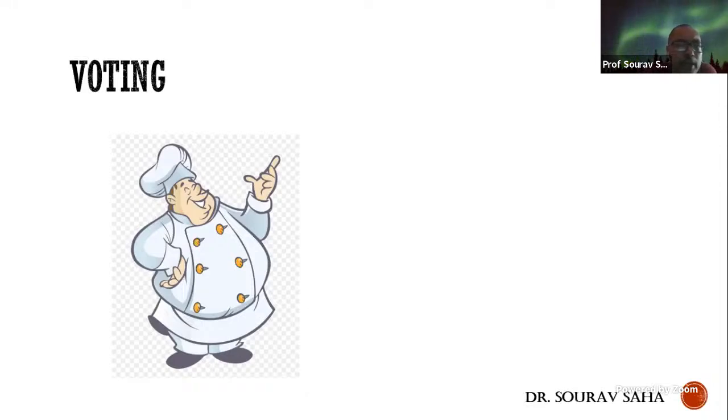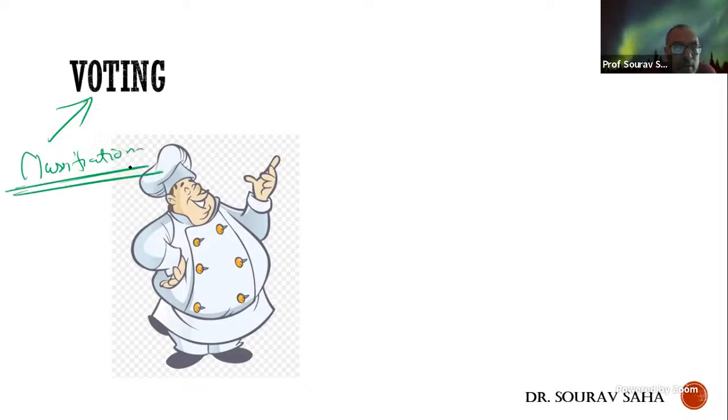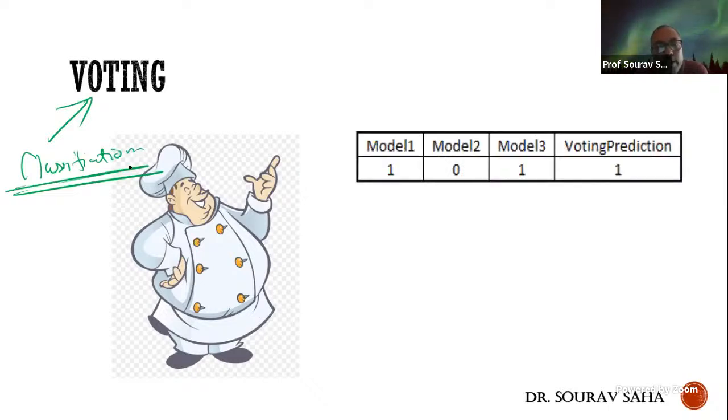Come to the case of voting. Voting comes into account for a classification problem, and you have hard voting and soft voting.